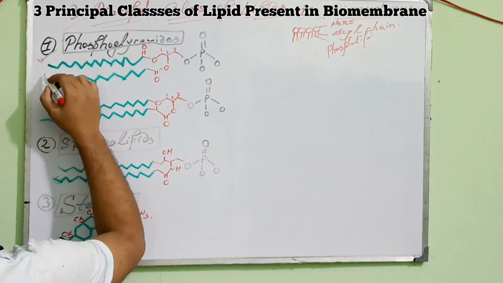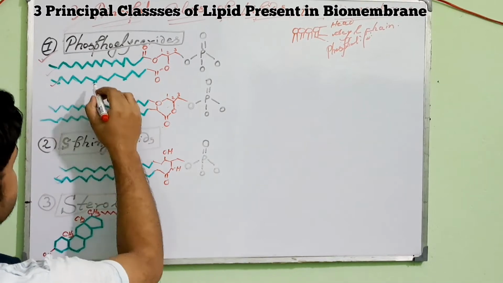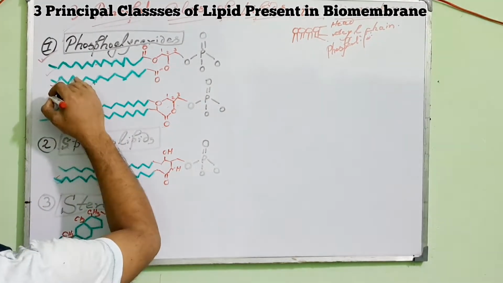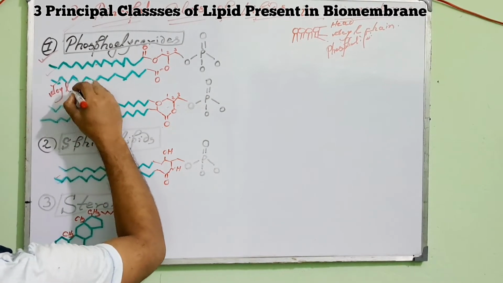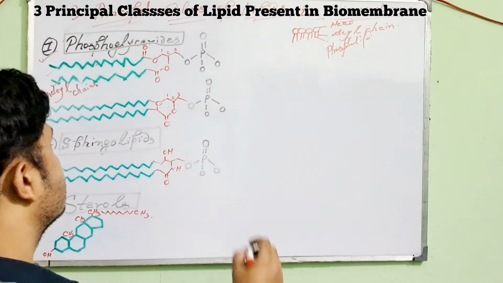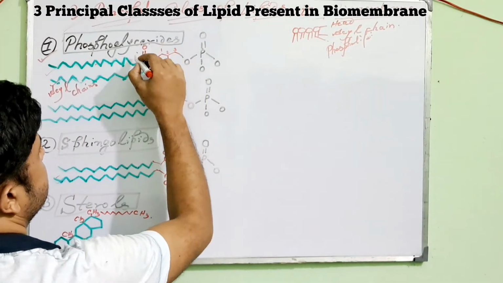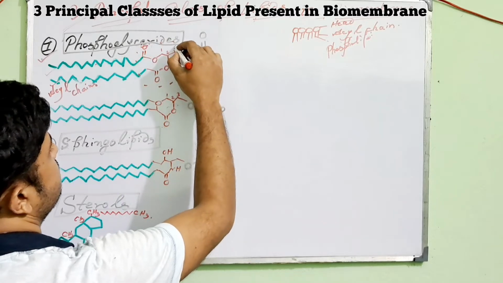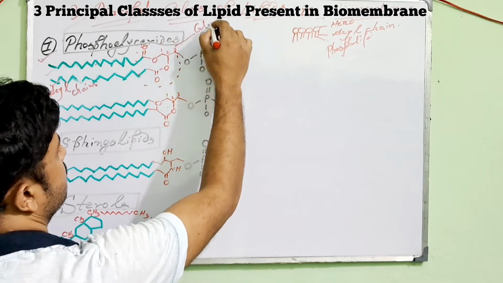So let us first consider this structure. These two, as you can understand, are the acyl chains or hydrocarbon chains. Okay, so these acyl chains are connected to this group here, which is called glycerol.